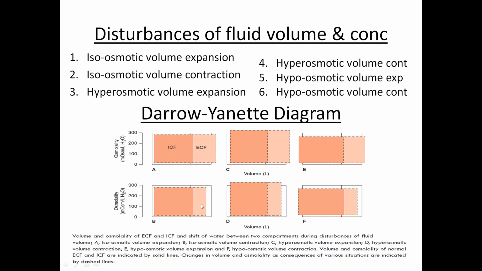This is how isoosmotic fluid is lost. Now, coming to consequences of an isoosmotic volume contraction. As you can see clearly the difference between these two, here the ECF volume is decreased. Again, ECF osmolality does not change as happened in this case. And again, similar to this case, the water doesn't shift between the ECF and ICF compartments.